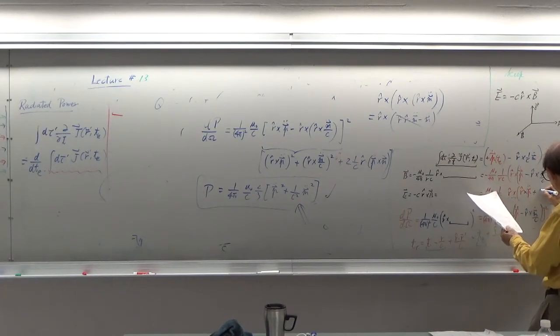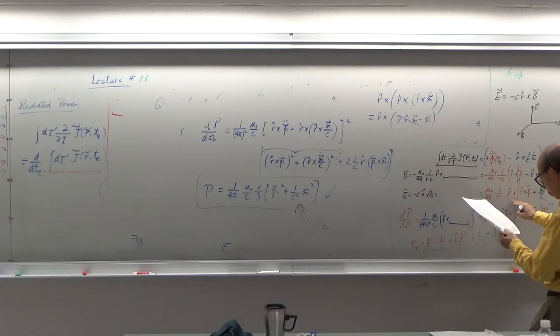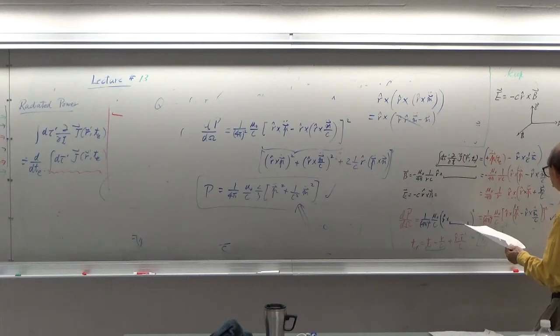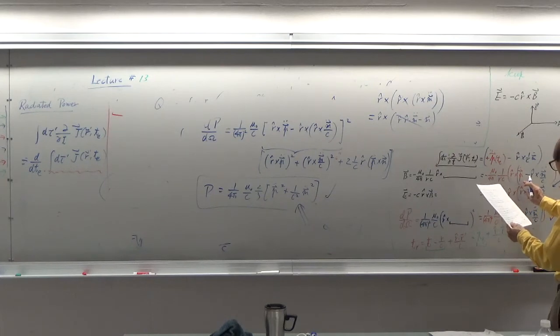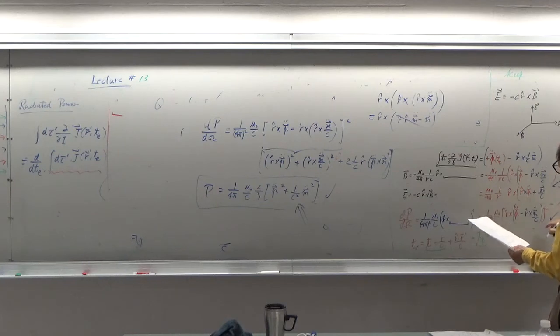So it's m double dot over c, r cross r, plus this, yes, correct. And this is what we have worked out.